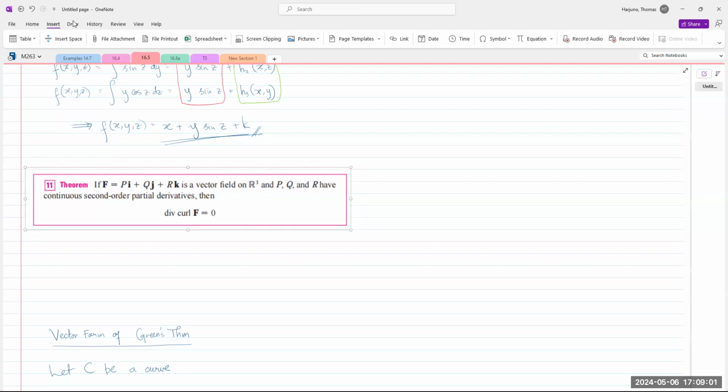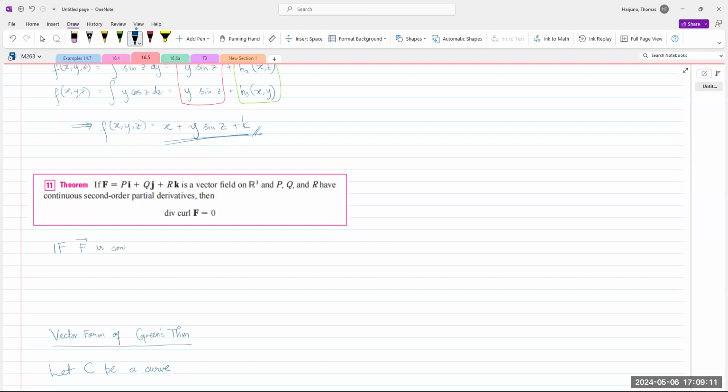Now, of course, it works for conservative, right? If F is already conservative, then the curl of F is vector zero. And of course, the divergence of vector zero is just zero.